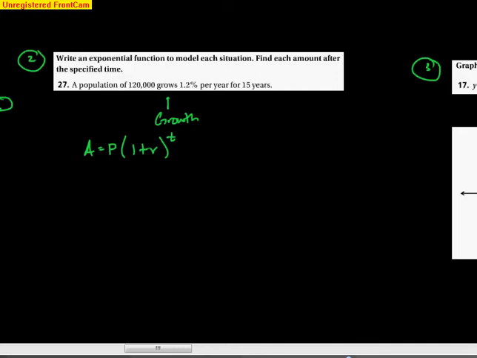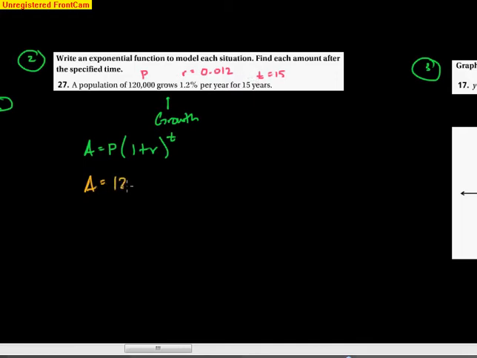So in this problem, what do we know? Well, this is your P. This is your starting population. This is your R, but remember we use it as a decimal. Move this 2 places to the left, 0.012. And this is going to be my T of 15. Okay? So when I plug it in here, A equals, and now just the model itself ignores the T value.